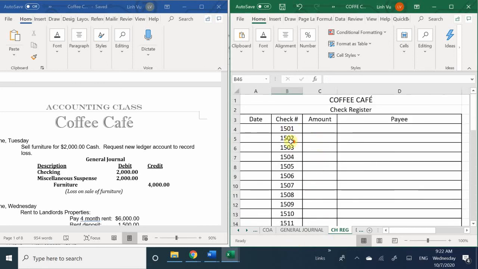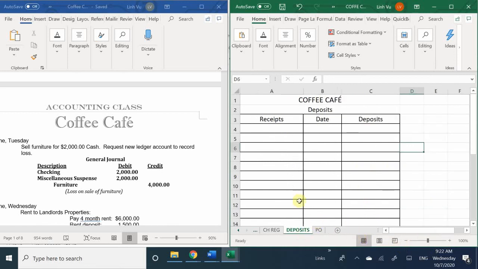Okay, so when you write checks out, you need to make sure that you record it in your checkbook. And then the next page after that is your deposits. So this is where I'm going to be depositing my money into the bank, or withdrawing my money from the bank. But in this case, the word says deposit.